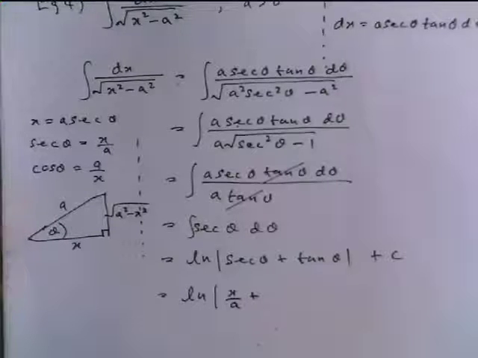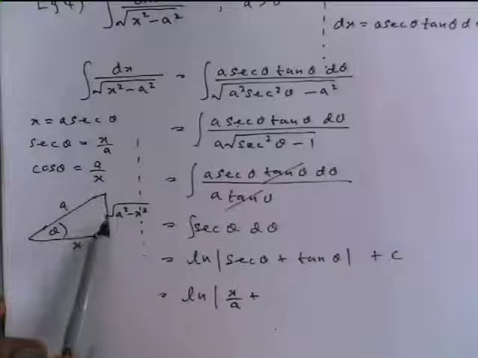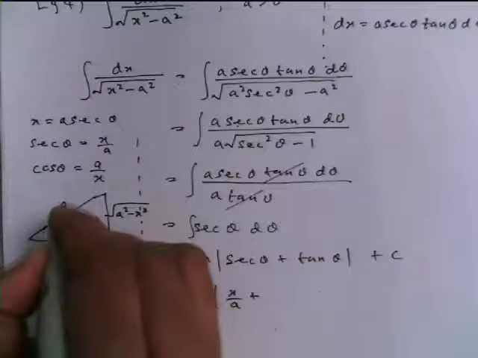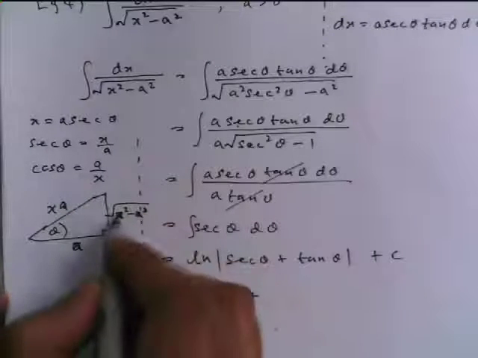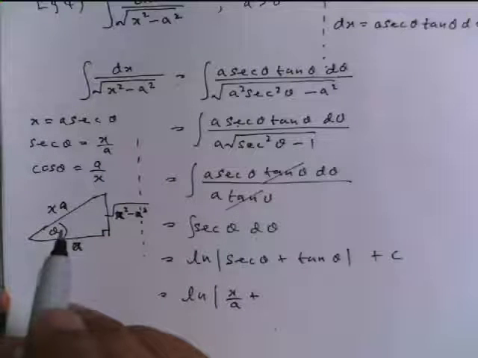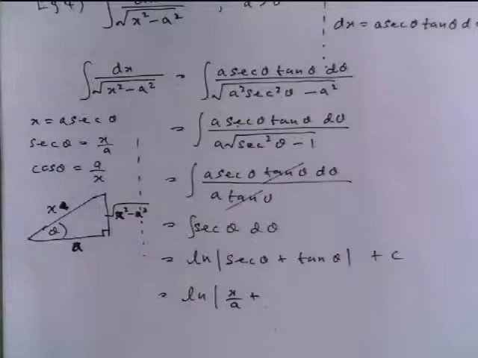Yeah, you're right. Let's switch. So this is a and this is x. Thanks. So this is the square root of x squared minus a squared. Is that right? Good.